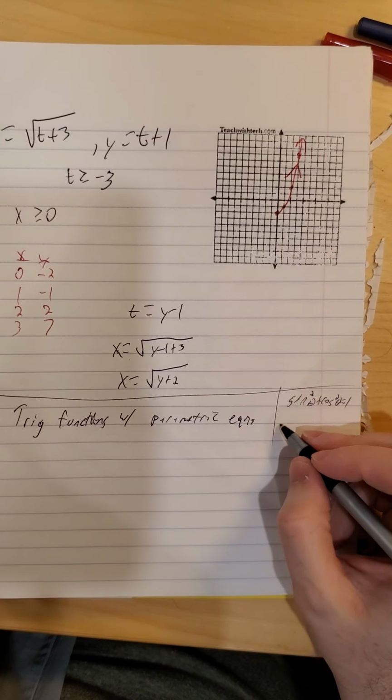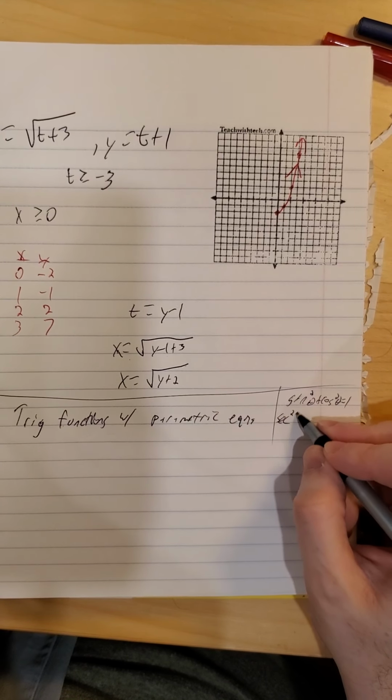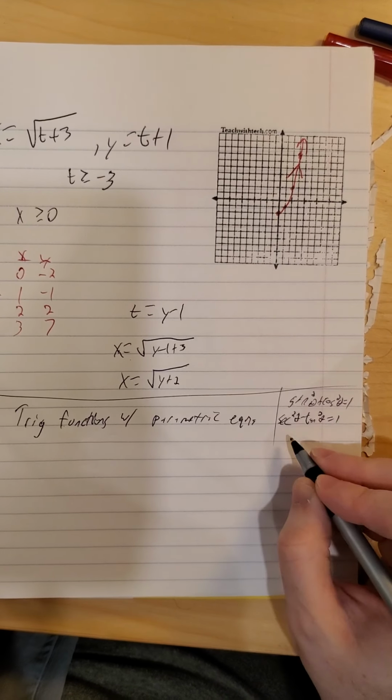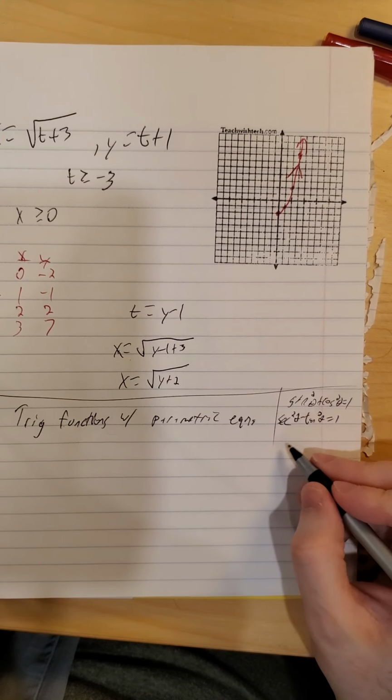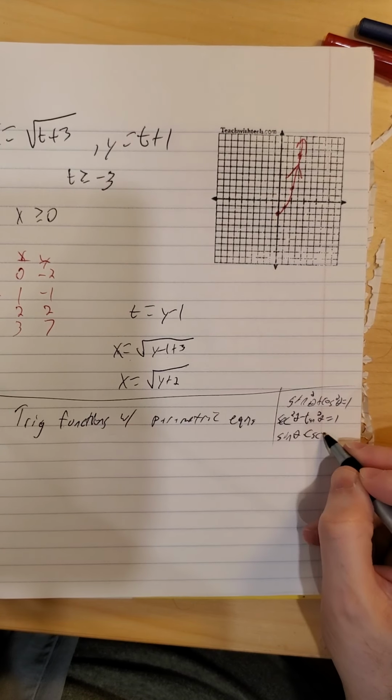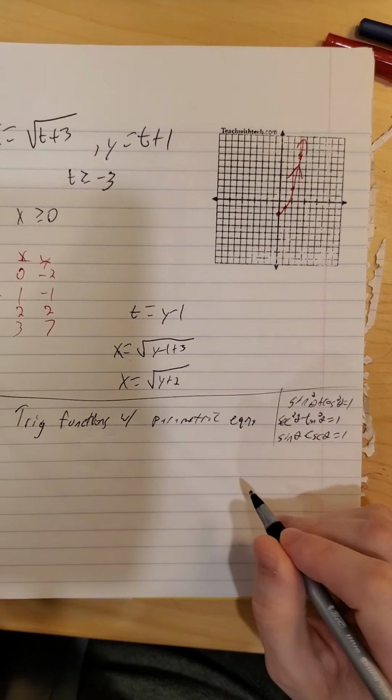Secant squared minus tangent squared is 1. And sine theta times cosecant theta is 1, things like that.